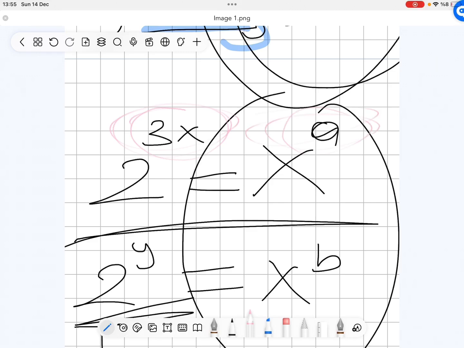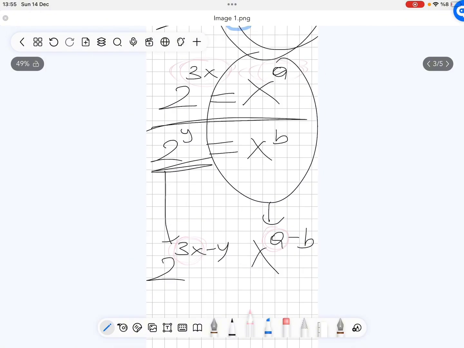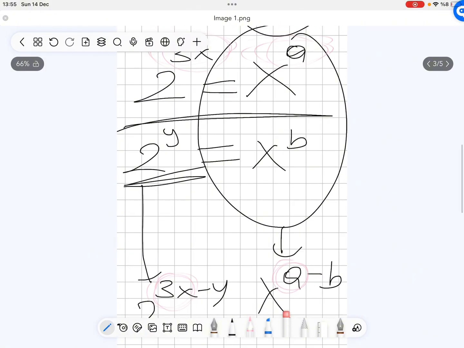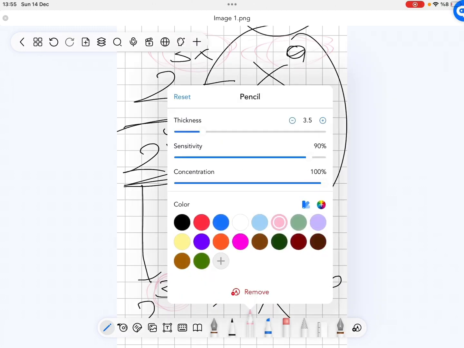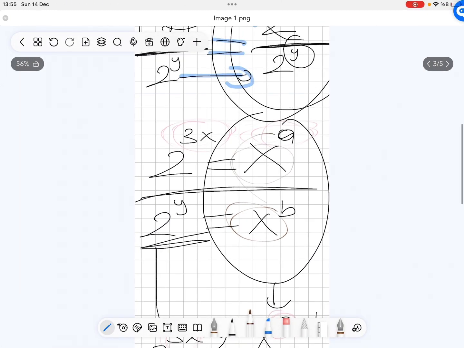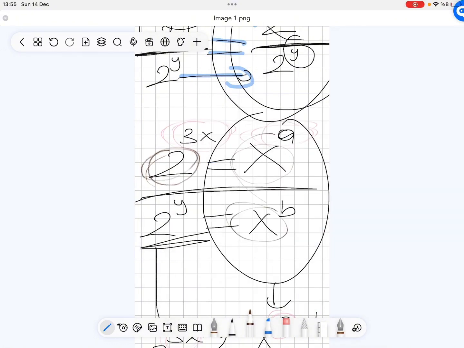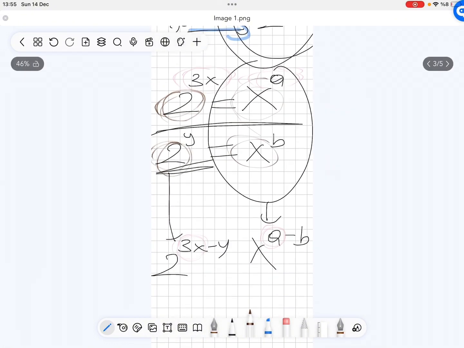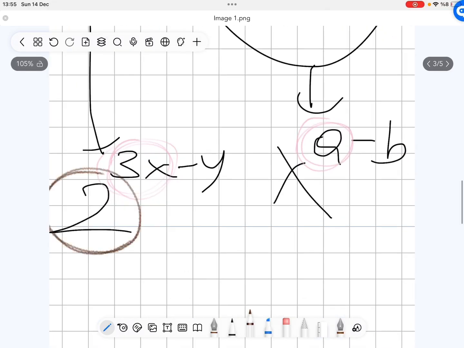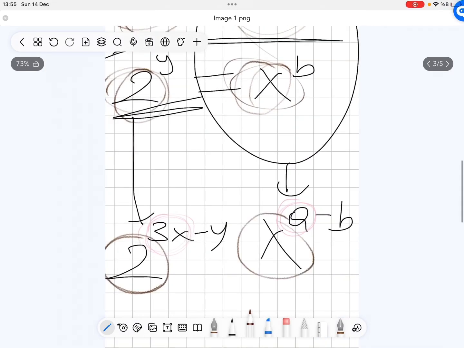Our base is always the same: our base is 2, our base is x, so our base is x again.